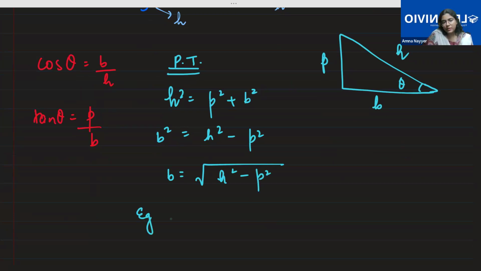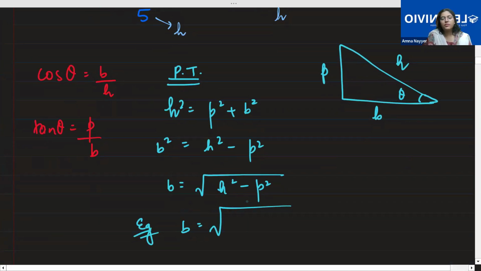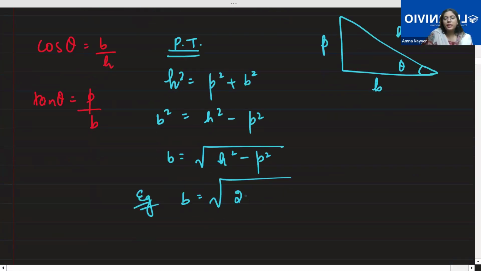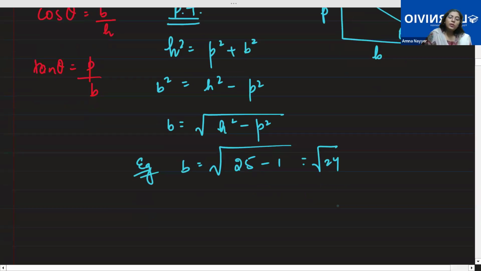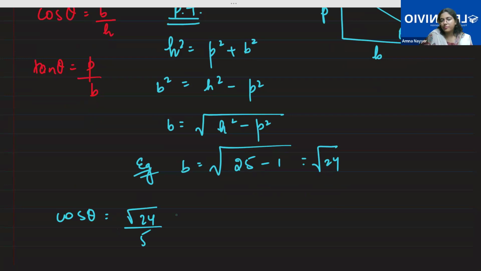For example, in this question we can say base will be, hypotenuse is 5, so 25 minus 1, that is root 24. That is the base. Now suppose I had to calculate cos theta, I would have directly used base is root 24, hypotenuse is 5. Okay. Or if I had to calculate tan theta, I would have used perpendicular is 1, base is root 24.